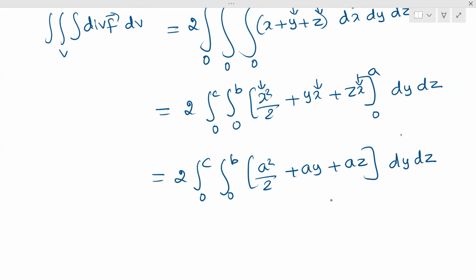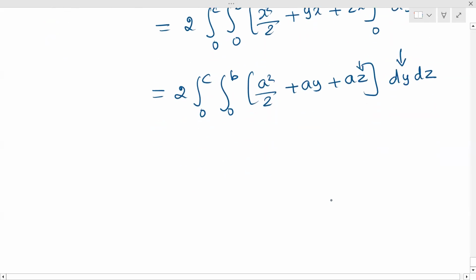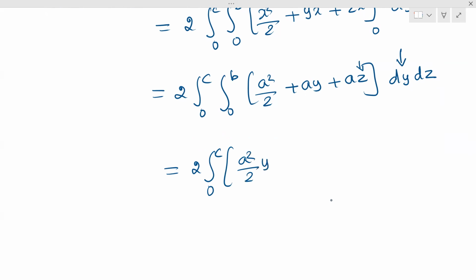Next we integrate with respect to the next variable, y, keeping z constant. So it equals 2 times integral 0 to b of: first term a square by 2, which is constant, so integration is a square by 2 y, plus a times y square by 2, plus the third term a z, whose integration is a z y, with limit 0 to b dz.